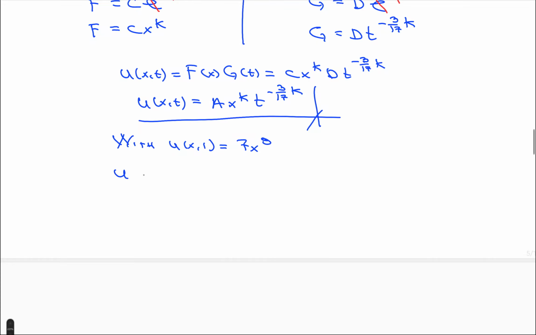That is, we're going to evaluate u of x, 1 on the general solution. That is, whenever we see the variable t, replace it with a 1, keeping x unchanged.